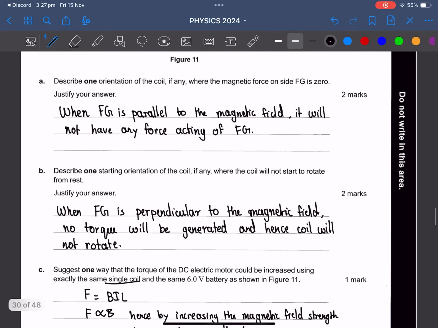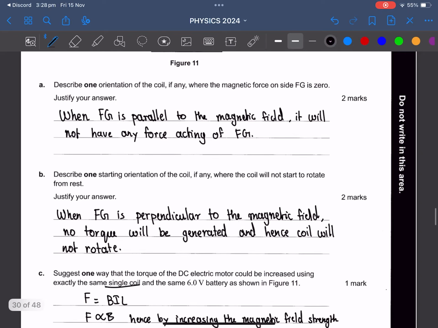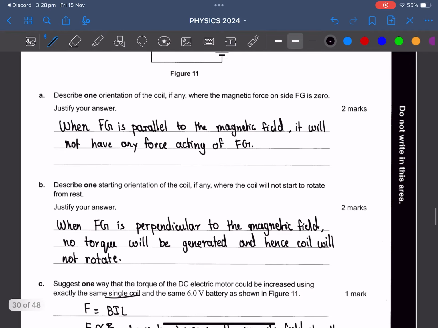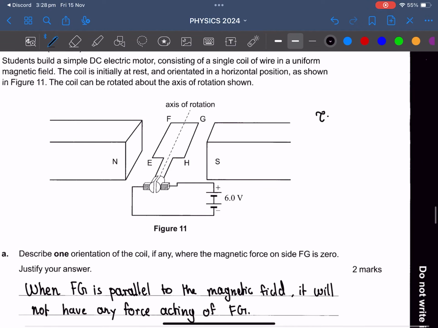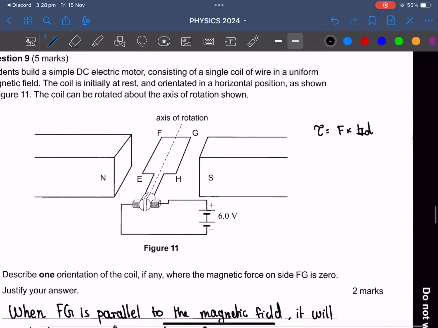Describe one. Yeah. So if we want to prevent any rotation, we know that torque is equal to force times the perpendicular distance, as I just mentioned before. So currently it will rotate.